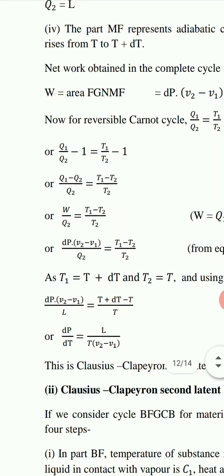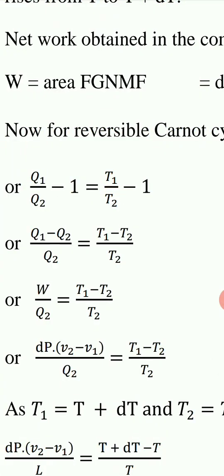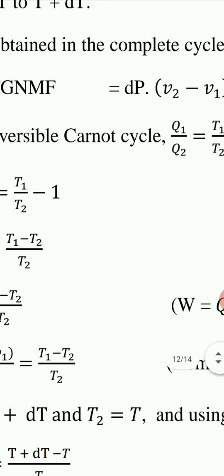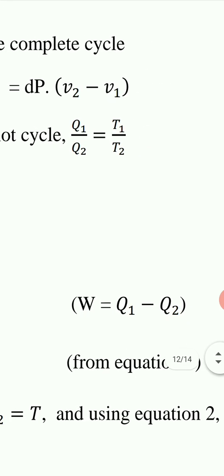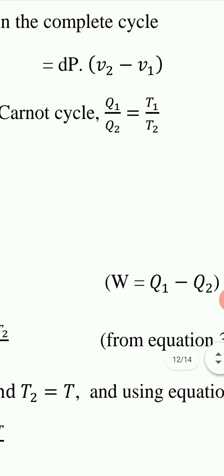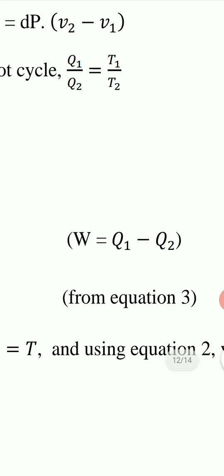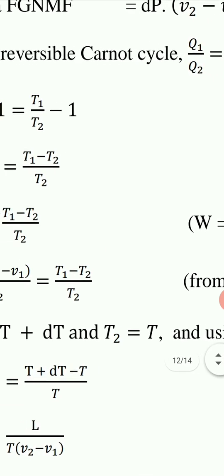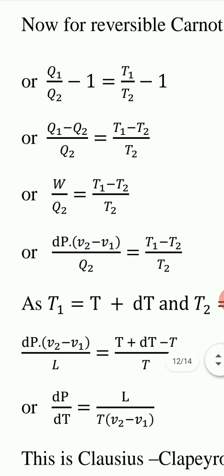So work done in the complete cycle in the Carnot cycle is equal to area FGNMF, and it is equal to dP into V2 minus V1. And for a reversible Carnot cycle, we know that Q1 upon Q2 is equal to T1 upon T2. If 1 is subtracted on both sides, we have Q1 upon Q2 minus 1 equal to T1 upon T2 minus 1, or Q1 minus Q2 upon Q2 equal to T1 minus T2 upon T2.